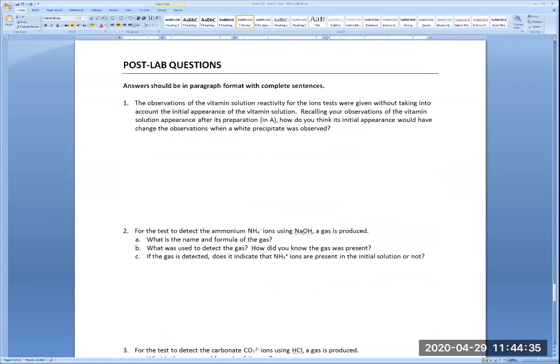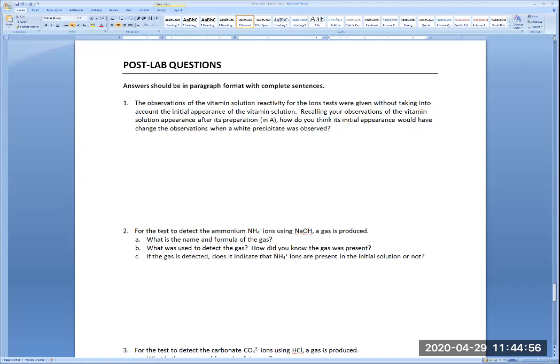For the post-lab questions, question 1 refers to the fact that the vitamin solution was not exactly looking like water, right? The way you would describe water, for example, is that it's a clear, colorless liquid.